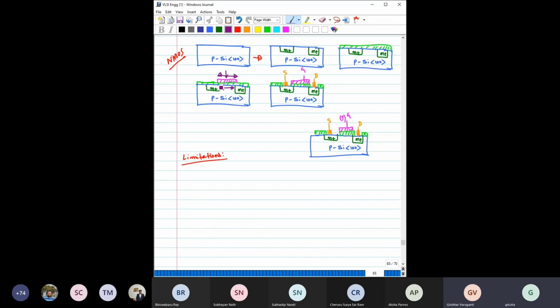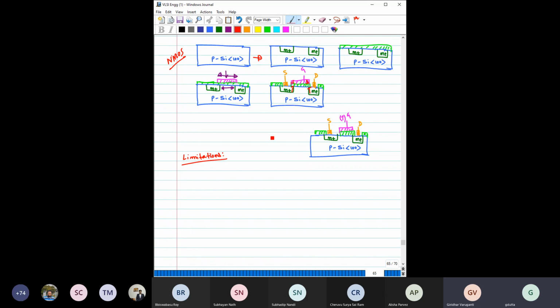So you have to make this overlap quite extensive so that you can make a realistic device. But as a result, you have to pay for something. When you do this, what will happen? You have capacitance between gate to source overlap and gate to drain overlap.